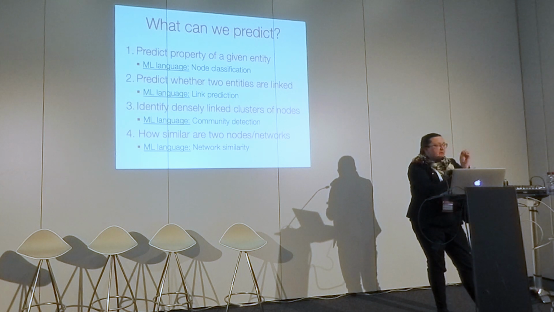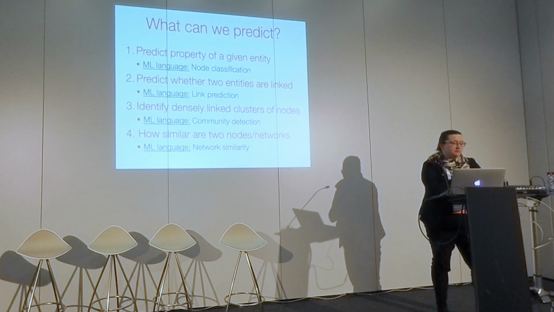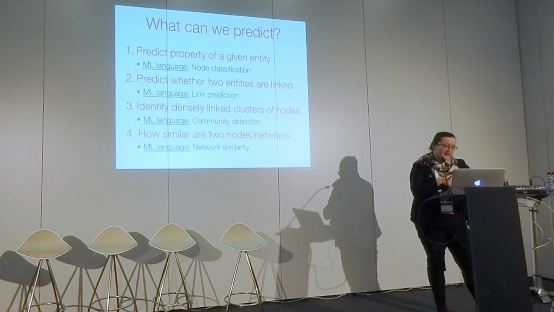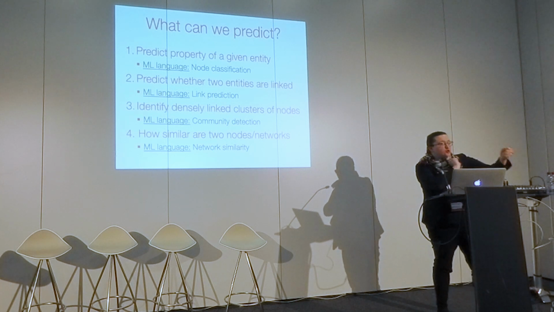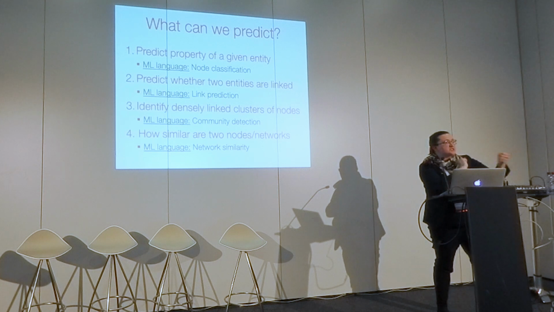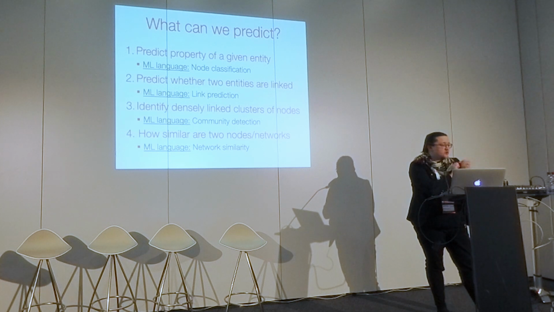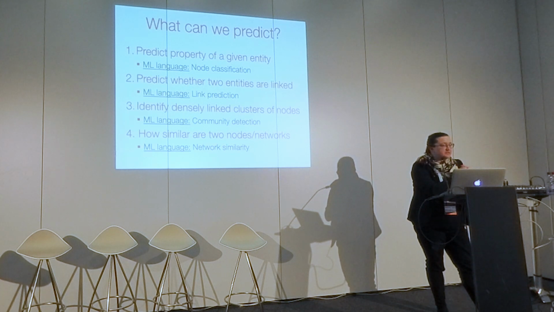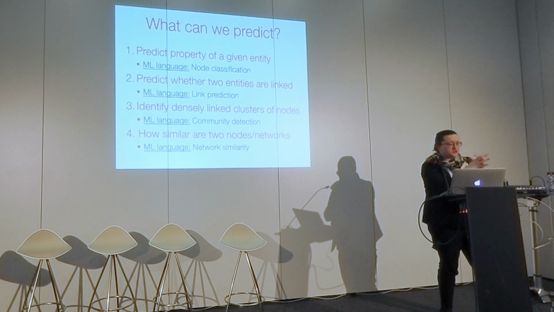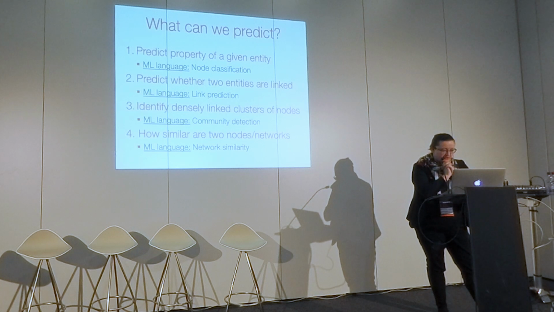We can predict a property for every node in the network, and that is known in network science machine learning language as node classification. Or we can predict whether two nodes are associated with each other. That would be known as link prediction, for example, if you want to discover new friendship relationships, or in the form of node classification, you want to predict what are functions of certain genes or proteins in the human body.